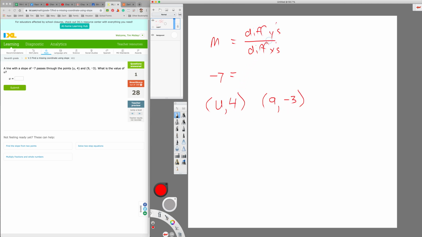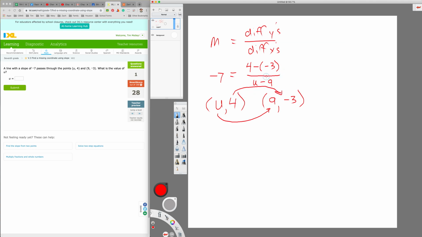So again, difference in the y's, I'm going to subtract like so. I'm going to take 4 minus a negative 3, this y minus that y, divided by, and I have to subtract the x's the same way, so it's going to be u minus 9.